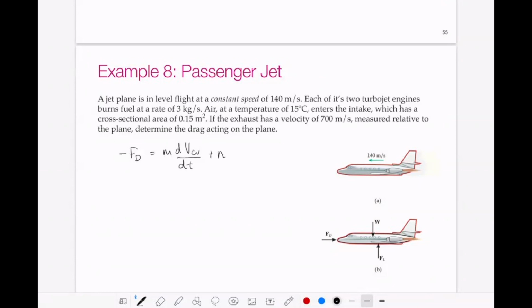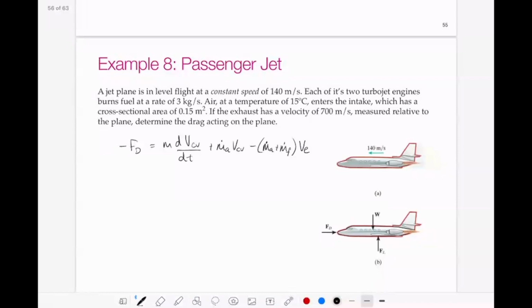Plus the mass flow rate of the air times the velocity of our control volume, minus the mass flow rate of the air-fuel mixture times our exit velocity. So this is the equation we're trying to use. This is what we have available to us. And the question asks, determine the drag force acting on the plane. So find Fd.